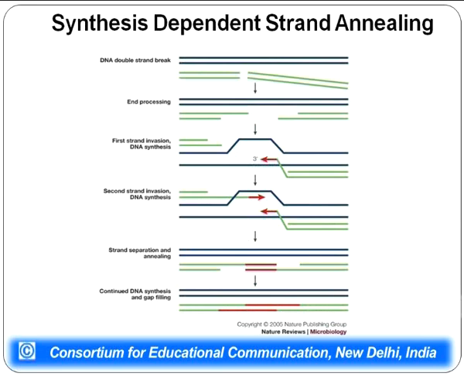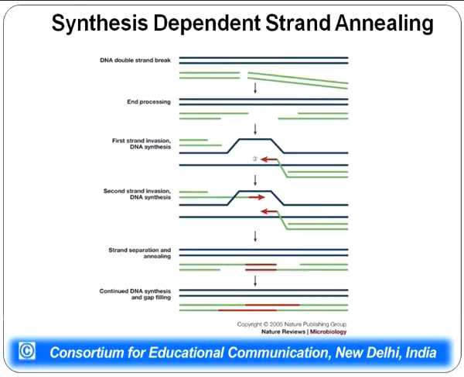Now, another mechanism is synthesis dependent strand annealing. Synthesis dependent strand annealing does not produce crossover products. It produces normal products, whereas double strand break repair might produce crossover products. In synthesis dependent strand annealing, again there is a double stranded break in the DNA, as can be seen in the green lines. These are broken DNA molecules. There is first strand invasion into the homologous sister chromosome, and this leads to formation of the complementary DNA strand.